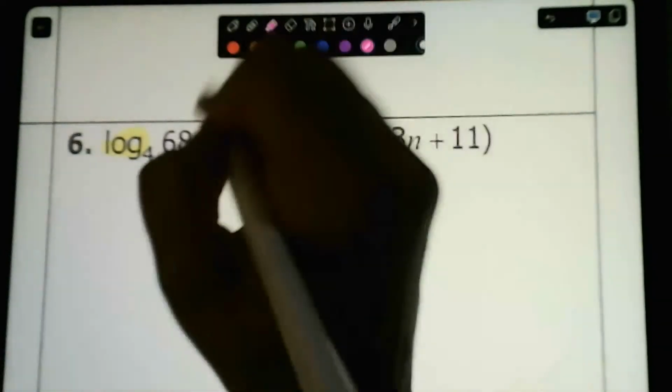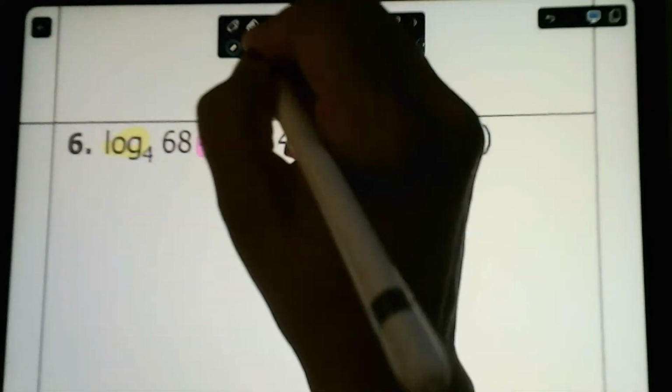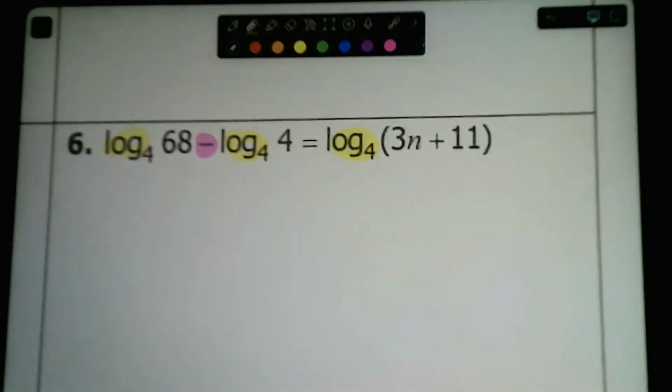I notice the operation between them is a subtraction, which tells me I need to use my quotient property of logarithms. The quotient property says that if I had the logarithm of something being divided, some sort of fraction, I could rewrite it as 2 separate logarithms with the denominator's log subtracted from the numerator's.